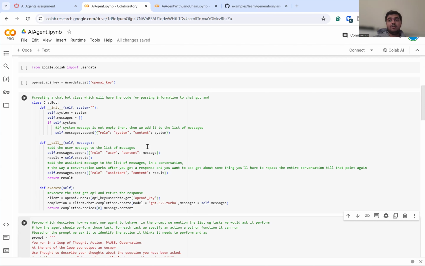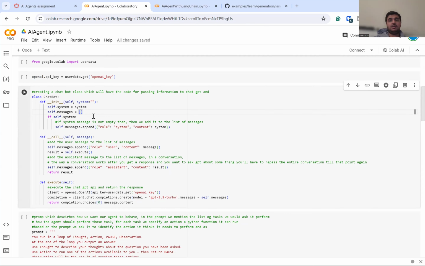Now, one thing to keep in mind is that the nature of a conversation for a large language model is that if I ask the model something and then the model responds, and I want to question the model regarding its response, then I would have to send the entire conversation back to it. This logic is very important to keep in mind, and it is being handled by the message function over here.